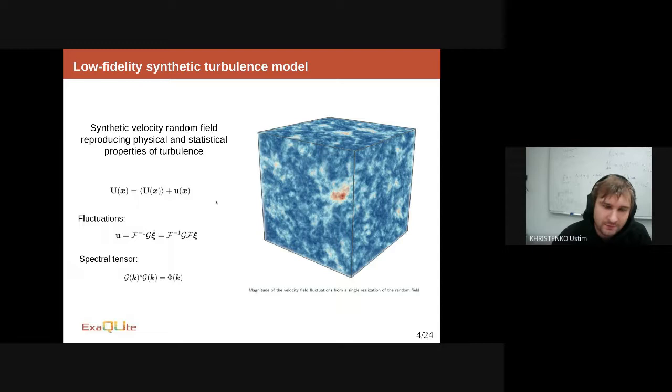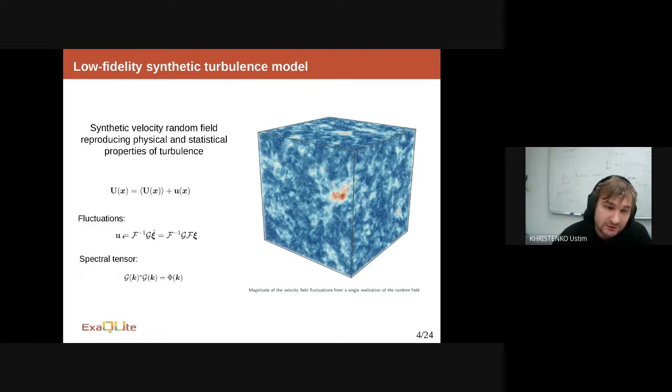The basic thing is that the velocity is separated into the mean profile and the random fluctuation. This random fluctuation is in fact a vector random field. So this fluctuation is basic. The most simple model is to generate this as a Gaussian random field.